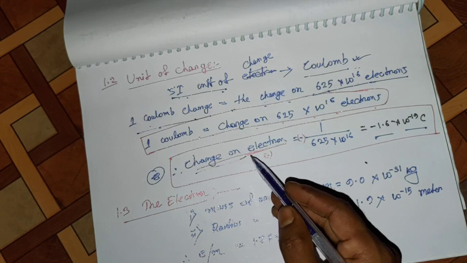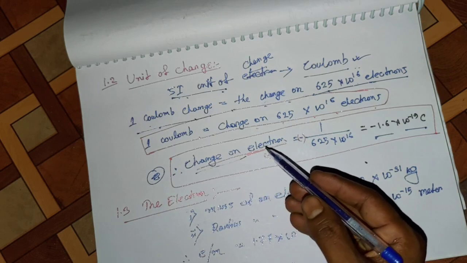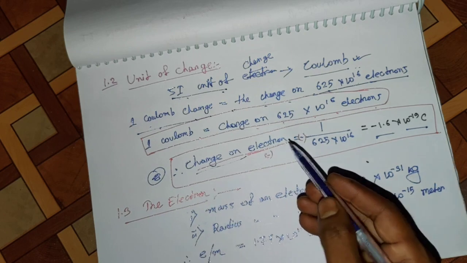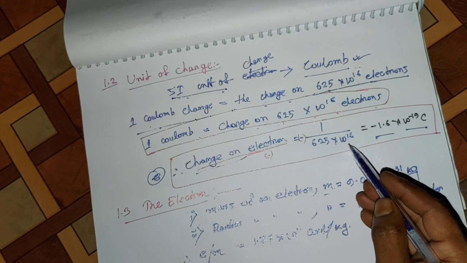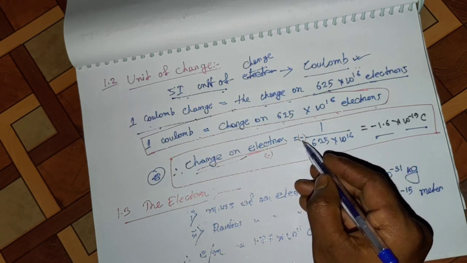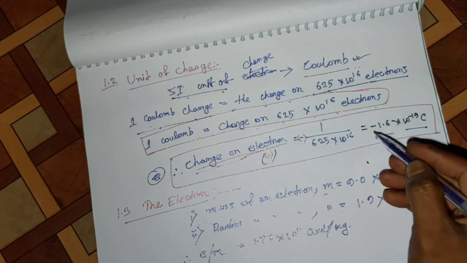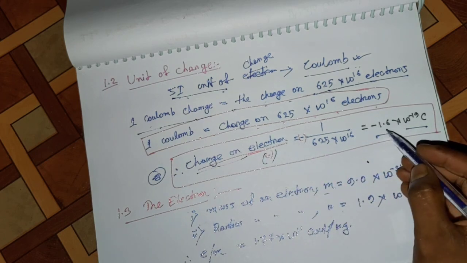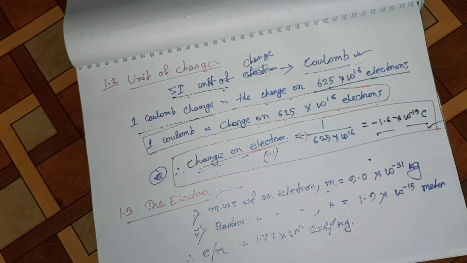So the charge of one electron is 1 by (625 into 10 to the power 16). We use a minus sign because the electron is negatively charged, so it comes as minus 1.6 into 10 to the power minus 19 coulomb.